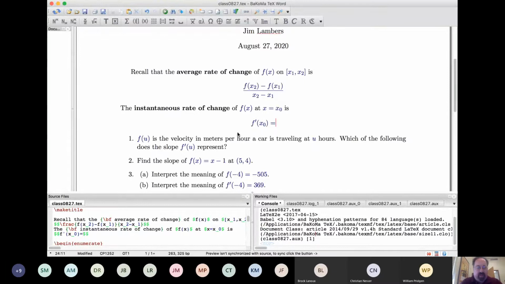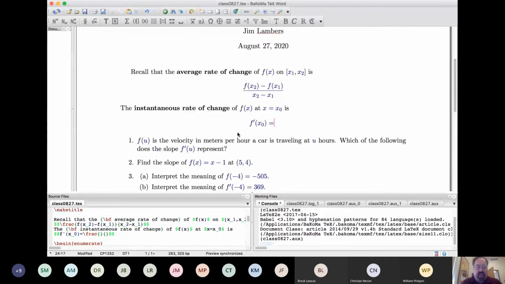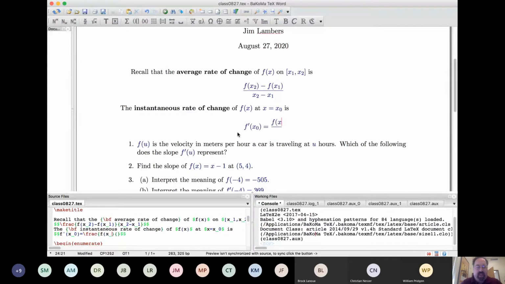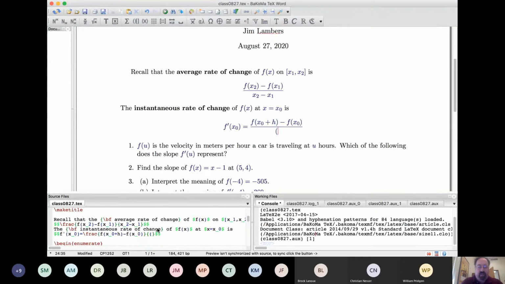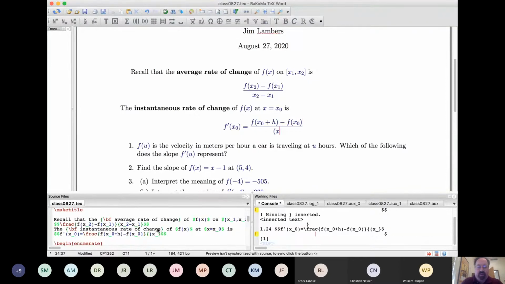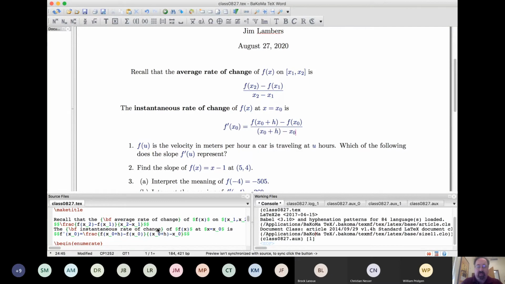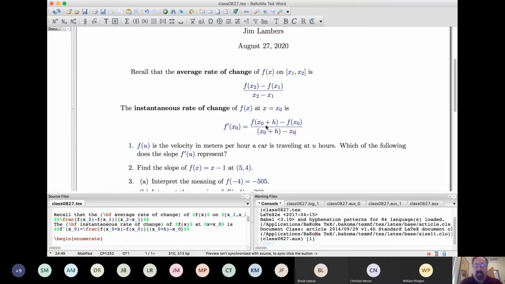So what we have here is defined in terms of an average rate of change, so again, a difference of function values divided by the difference in those x values, but in this case, we can simplify this down below.